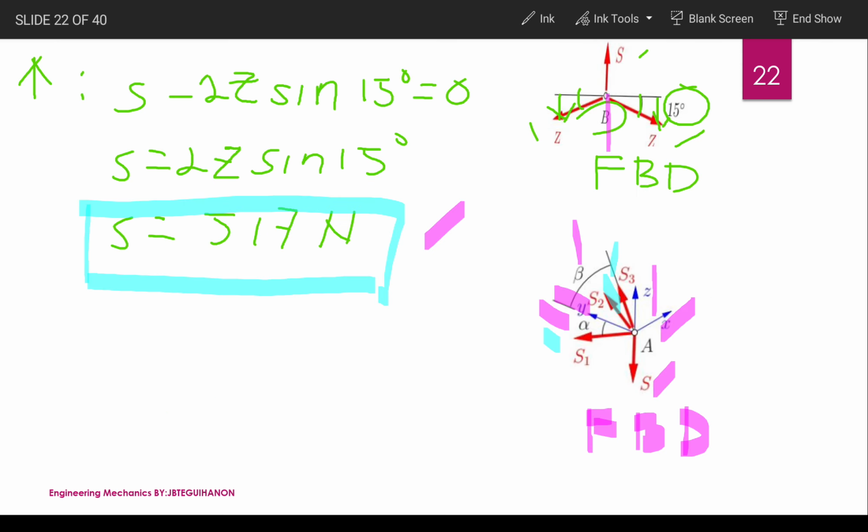Ayan, itong free body diagram na to. Okay, so yung Z, ito siya vertical. Ayan o, S. Diba, anong pag-vertical mo dyan? Component, siyempre yung S3. Pero component yan along beta.